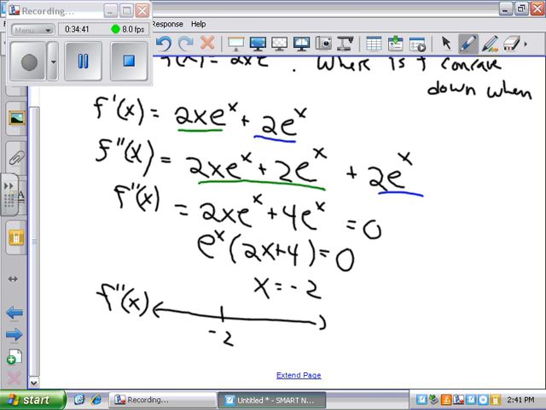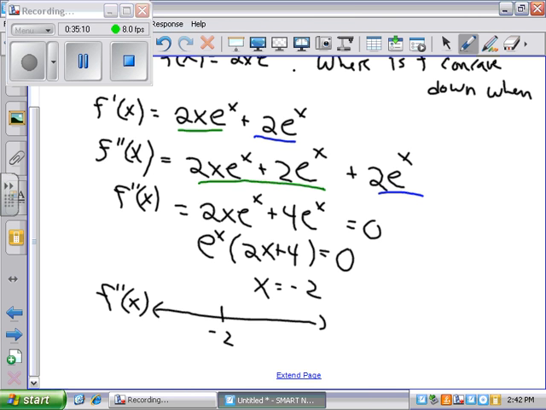Want to plug in 100 again? So you take a number that's greater than negative 2, like 100. Is it positive or negative? Positive. e to the 0 is 1. You know it's positive, and all you care about is the sign.